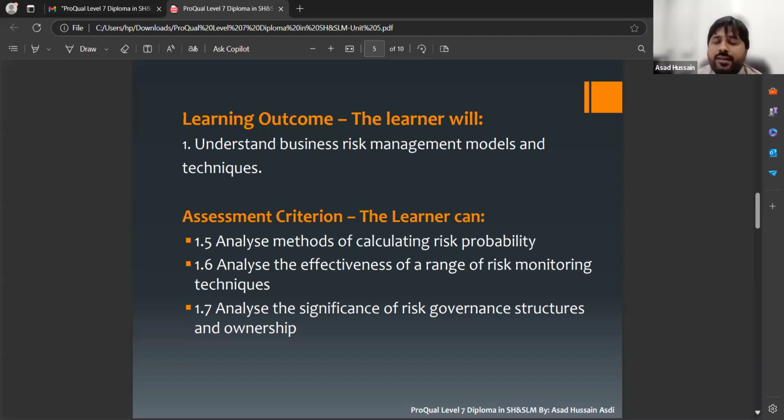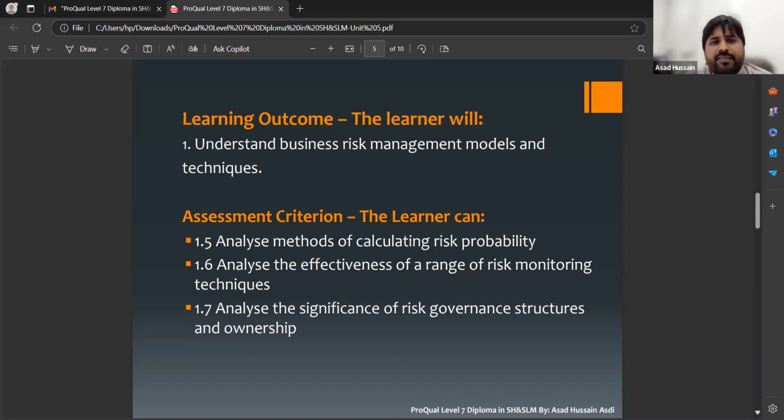To support their answer, they can provide evidence of implemented risk monitoring techniques in their organization, along with any evidence of their effectiveness. Such evidence can be used for assessment criteria 1.6.